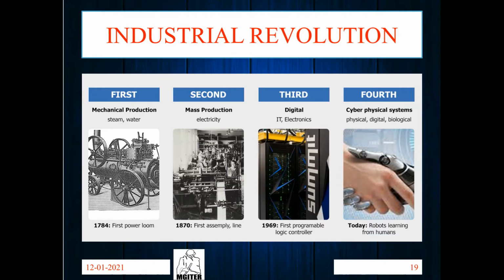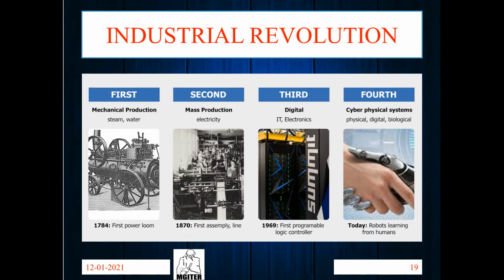This fourth industrial revolution depends on the industry and its impact on industrial working. Before the first industrial revolution we used hand tools, right? But after the first industrial revolution we use steam power machinery.